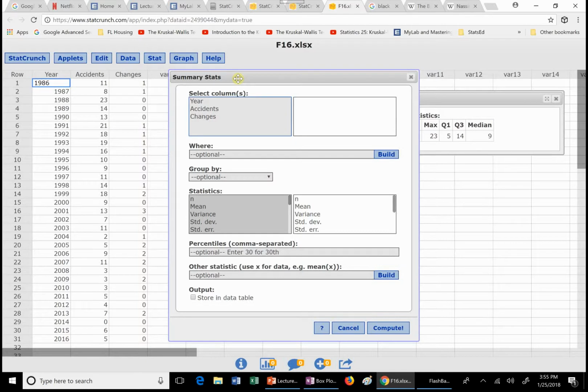We want to choose the median, Q1, Q3, max, and min. That's the 5-number summary. So we want to choose the following 5 statistics: maximum value, Q3, Q2 which is called the median, Q1, and then the minimum. We want to choose those 5 values.